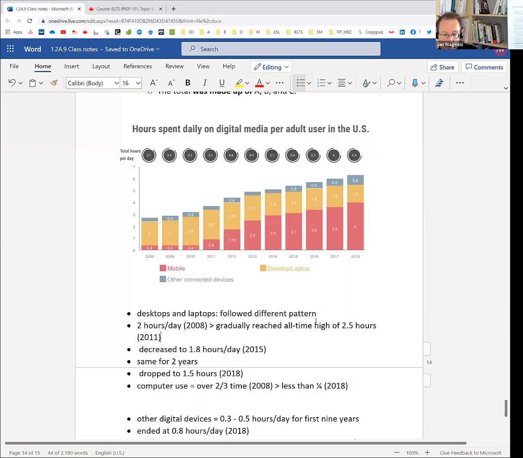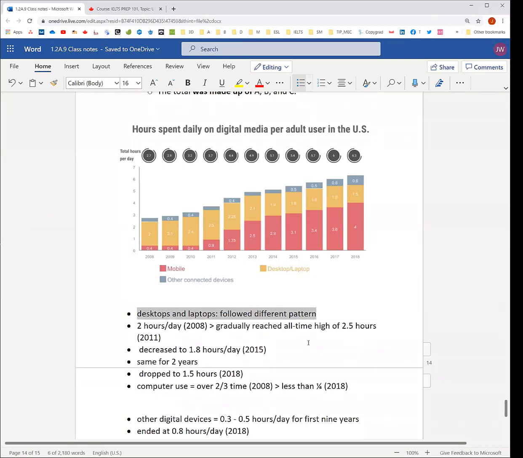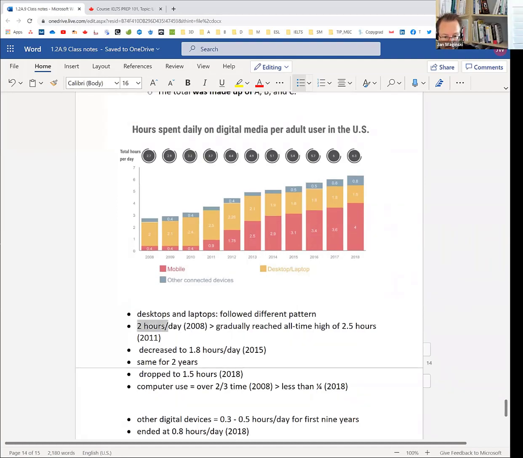Okay, hang on. Good, but you're missing a bunch of articles. So desktops and laptops followed a different pattern. Please repeat. Okay. Desktops and laptops followed a different pattern. Good. They went from 2 hours per day in 2008 and gradually reached an all-time high of 2.5 hours in 2011.